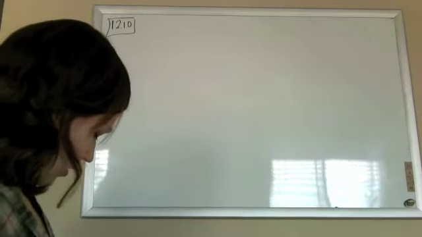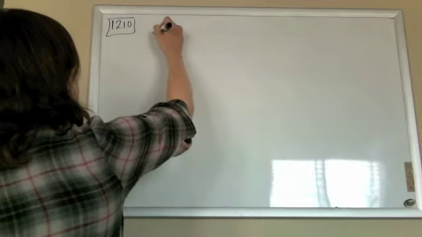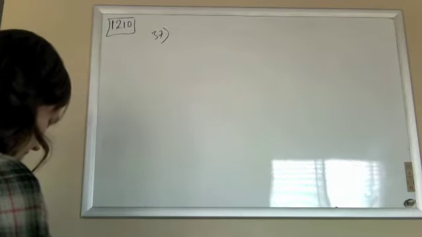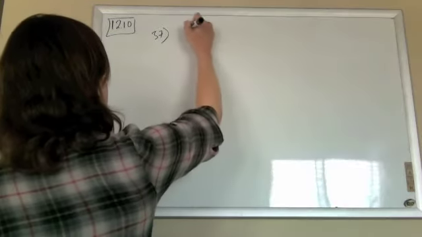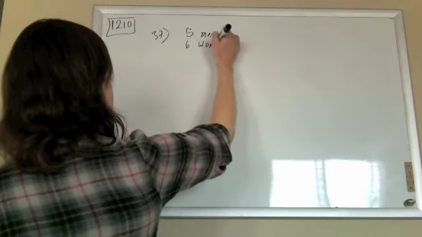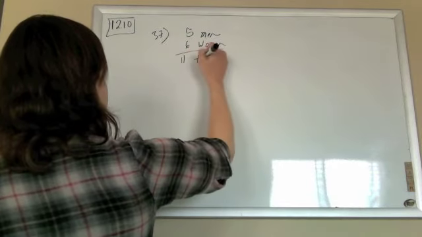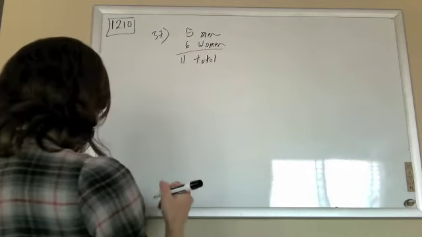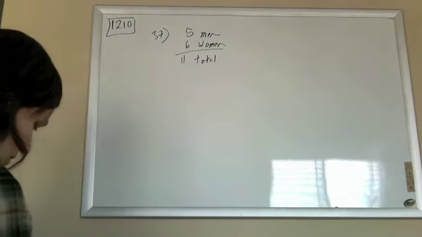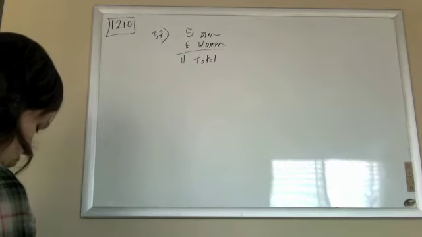And let's see. 37, 5 men and 6 women. So 5 men, 6 women, 11 total. And we're choosing, let's see.